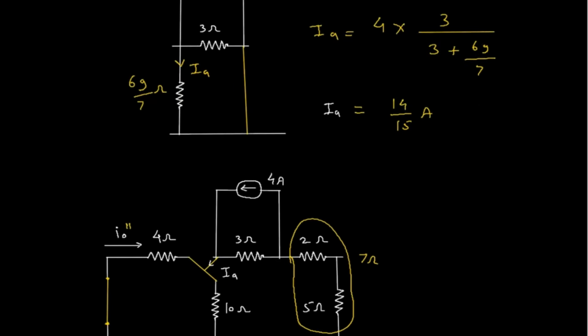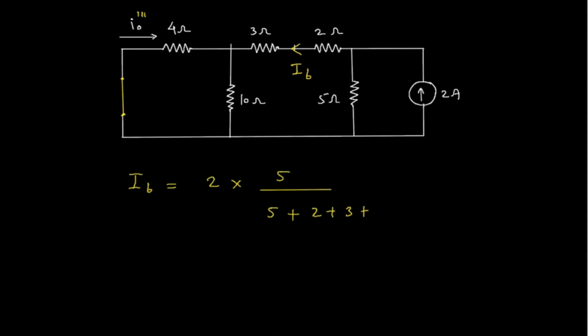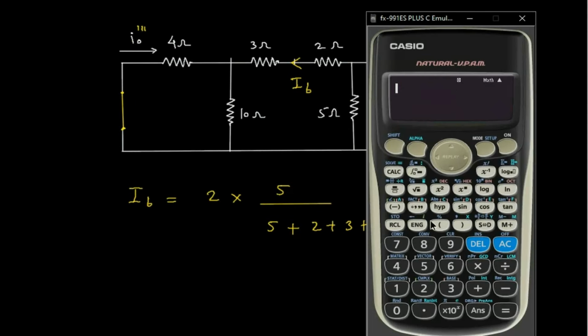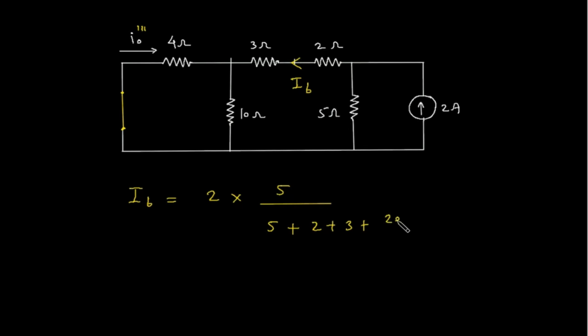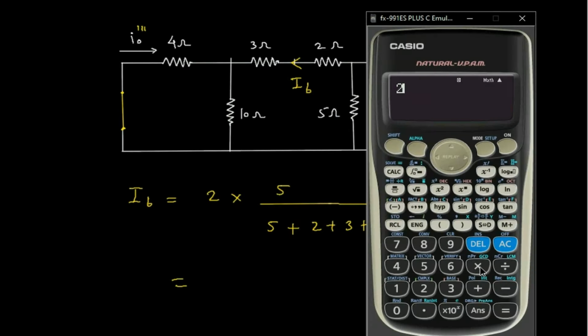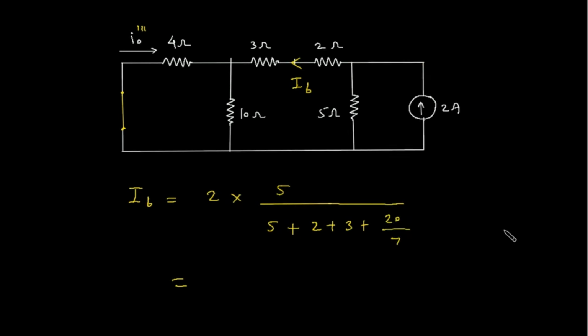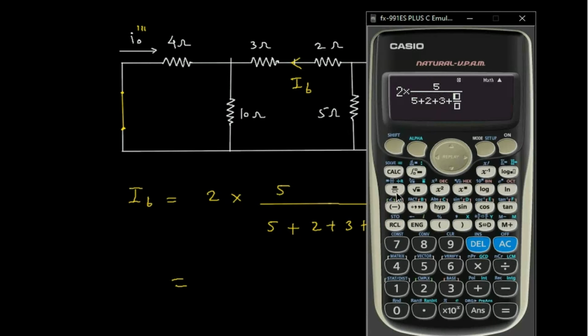We will again calculate this. 4 ohm parallel with 10 ohm: 4 into 10 by 4 plus 10. This will be 20 by 7. So this will be 2 into 5 by 5 plus 2 plus 3 plus 20 by 7.